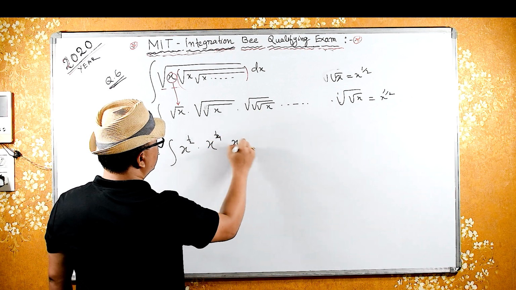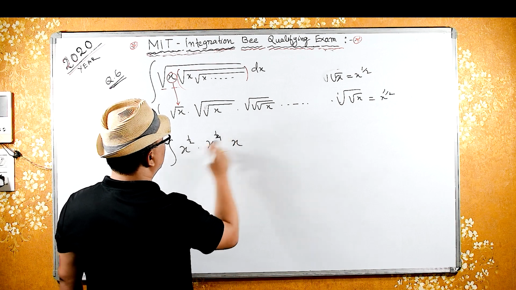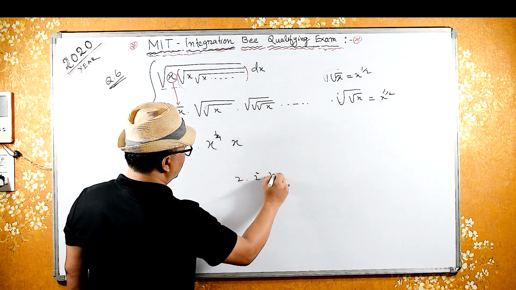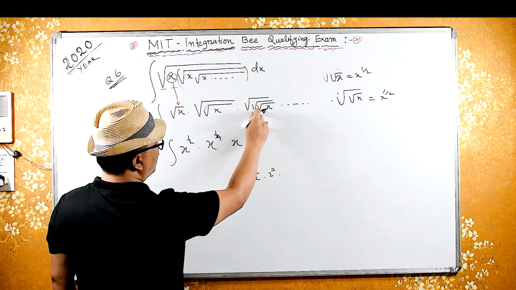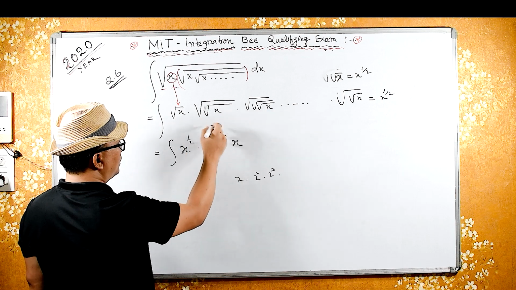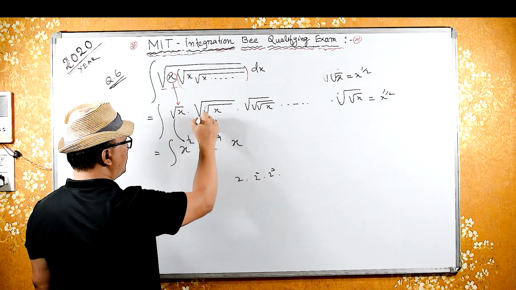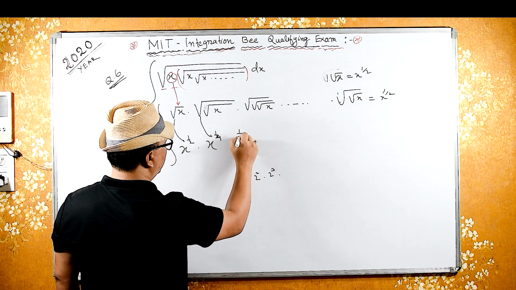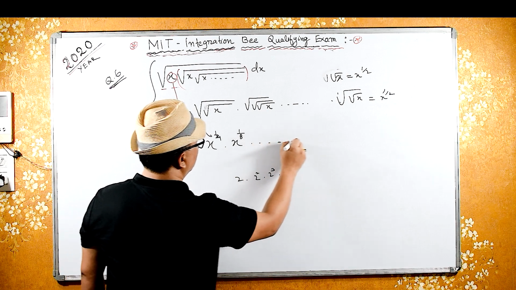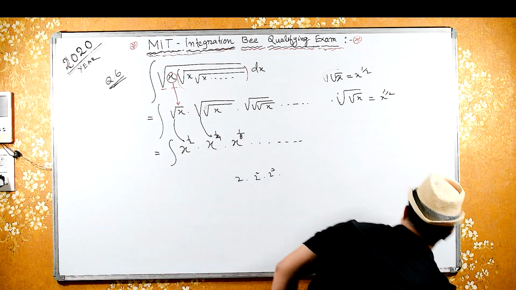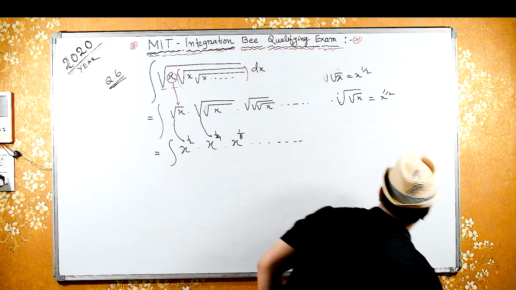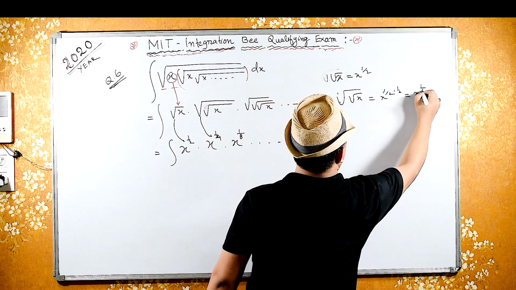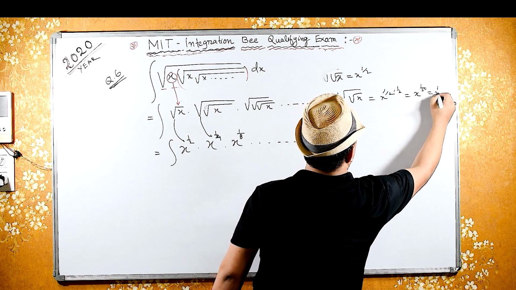Over here x raised to 2, here 2 into 2, here 2 square, 2 cube will come over here: 2 1s are 2, 2 2s are 4, 2 3s are 8, so x raised to 1 by 8 will come, and so on. Since square root is there, x raised to 1 by 2 square is the same as x raised to 1 by 4.